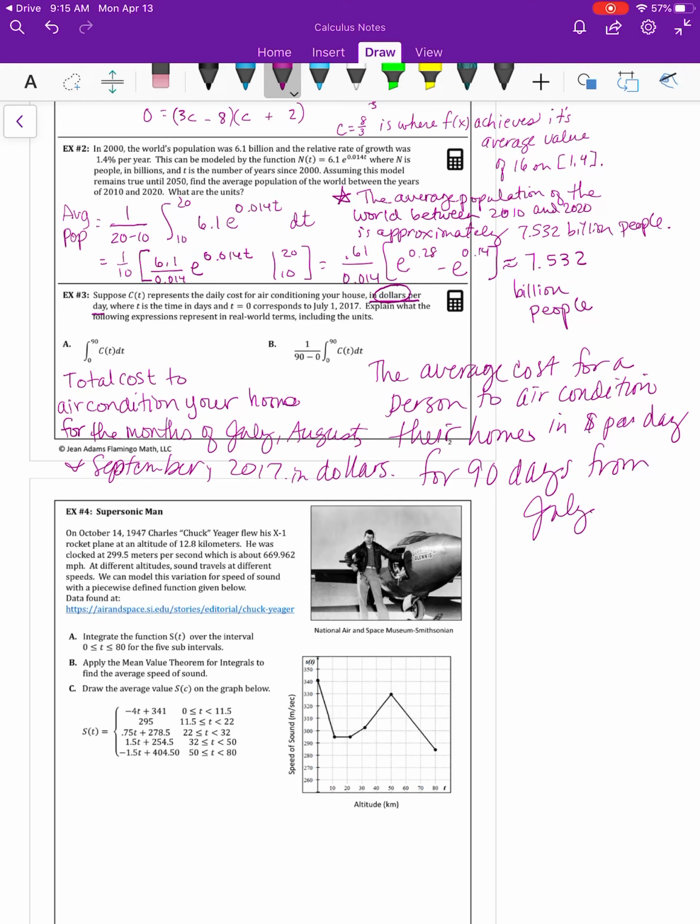And so if I integrated here, if I said, okay, my integral from 0 to 80 of s of t dt, it's going to be the sum of all of those numbers. So 3657 plus 3097.5 plus 2987.5 plus 5688 plus 9210.